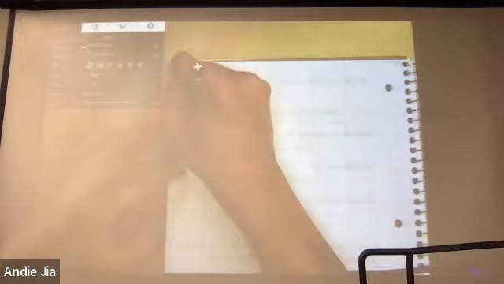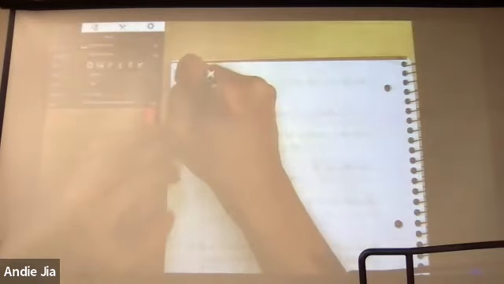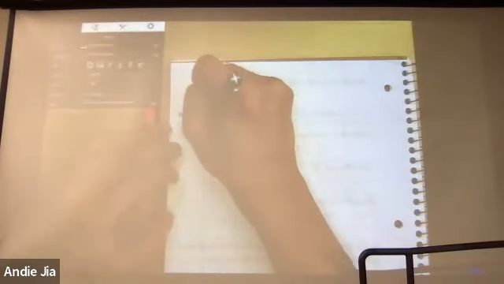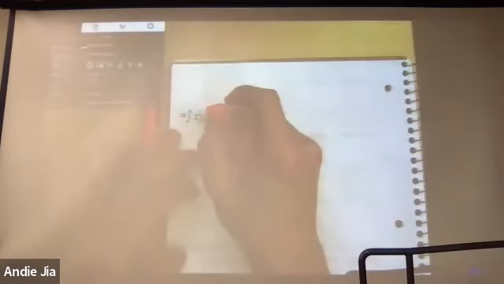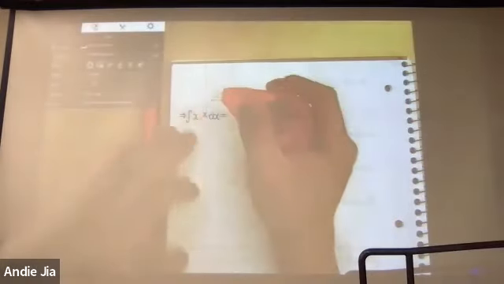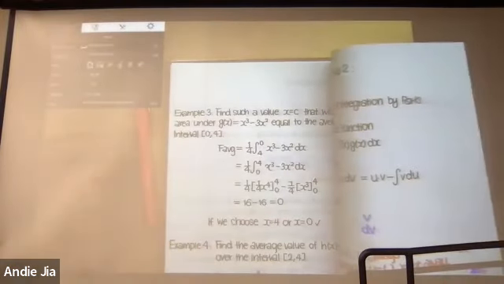And then the integration will be uv minus the integral of v du.